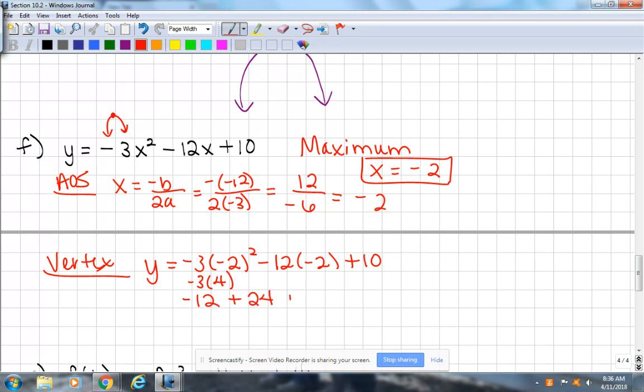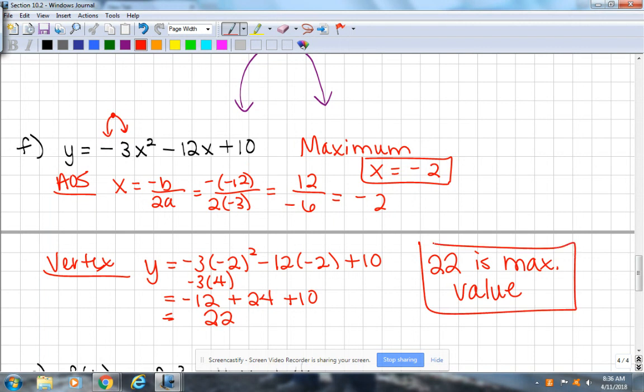Positive 24 plus 10. And y'all add and subtract all the way across. What is it? 22. So the maximum value, the highest part of this graph, is going to be 22. So you would say 22 is the maximum value. And if you abbreviate, that's fine. Just give me 3 letters, not just one, because they both start with an M.